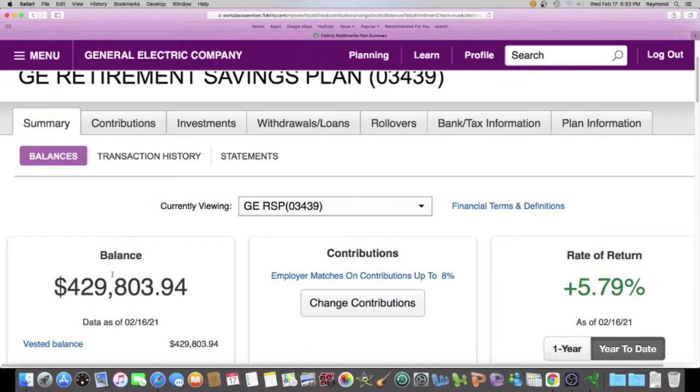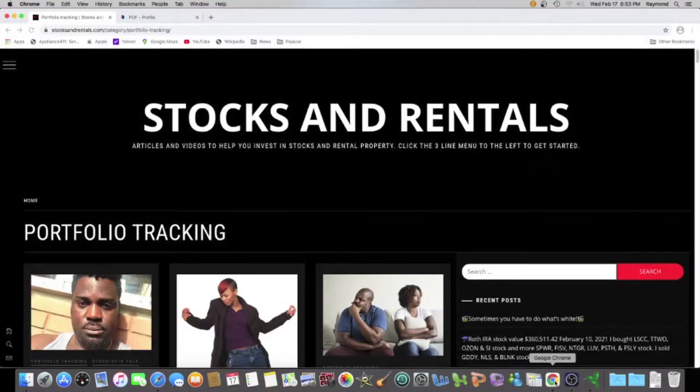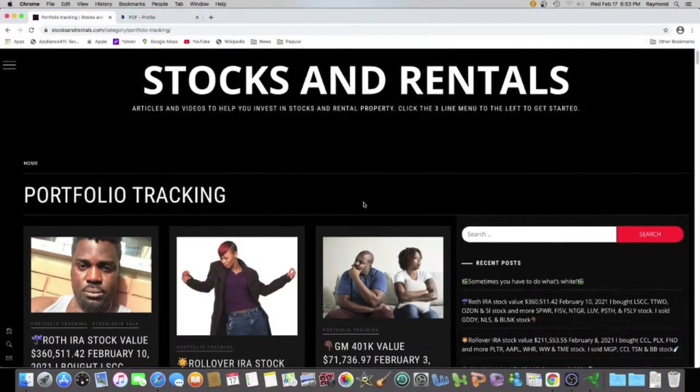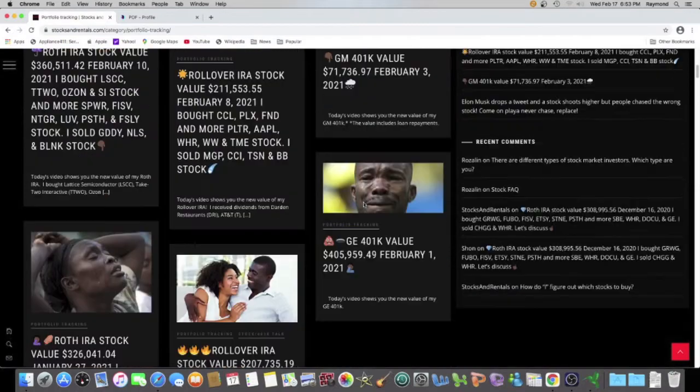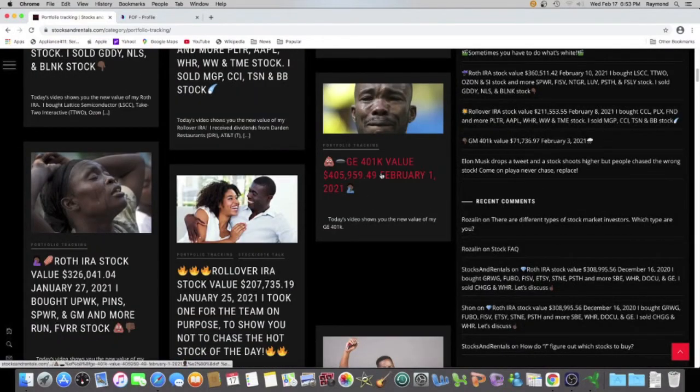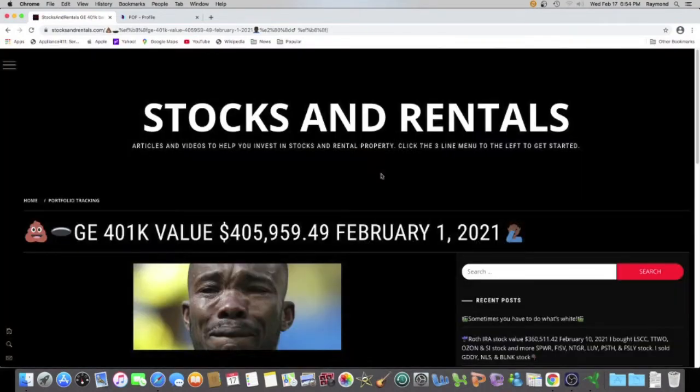And let's compare this balance to about 2 weeks ago and see where we are. So we're here at Stocks and Rentals, and we want to find the last GE update. And this was on February 16th, so about 2 weeks ago. And the balance then was $405,959.49.